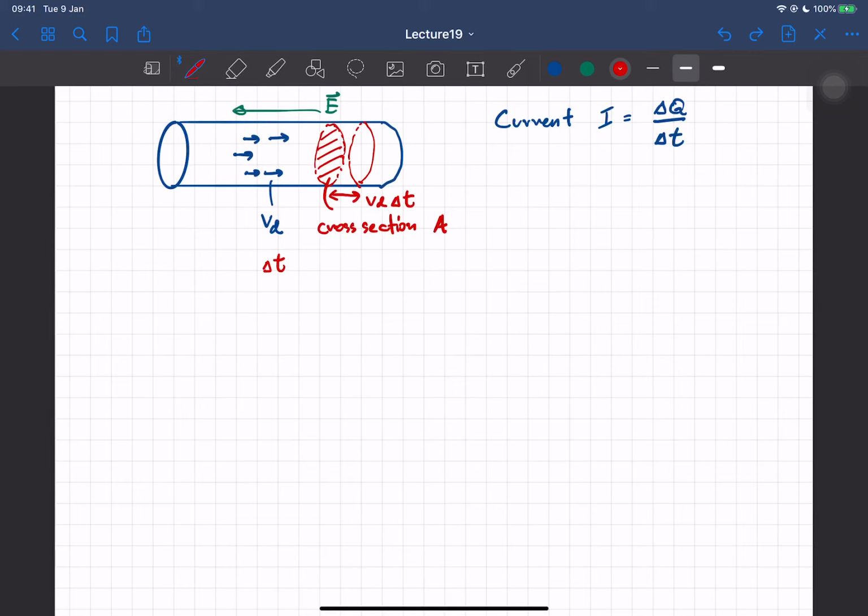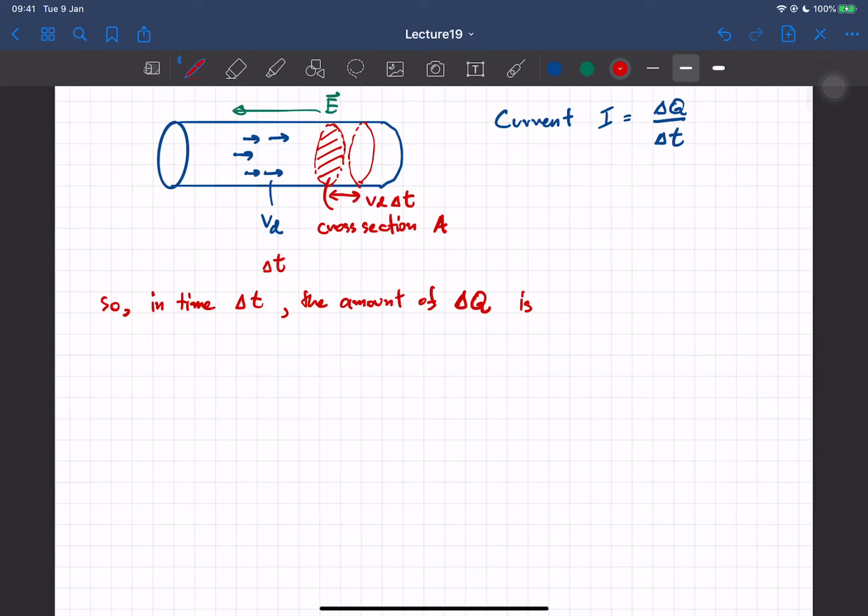Okay, so in time delta t, the amount of charge delta Q going across this area is all the charge contained in this volume here.